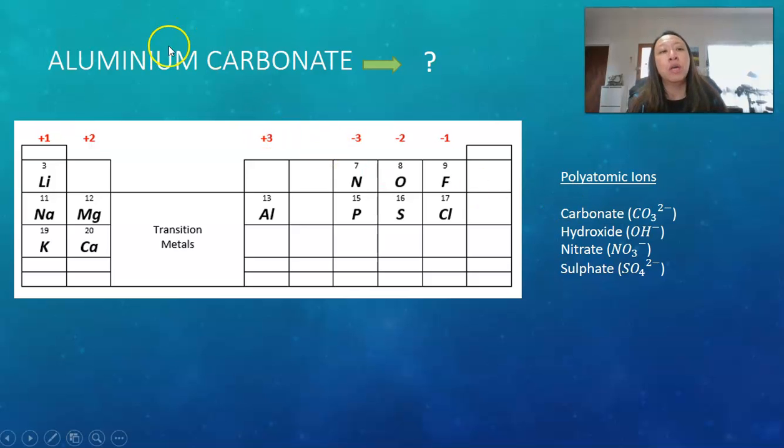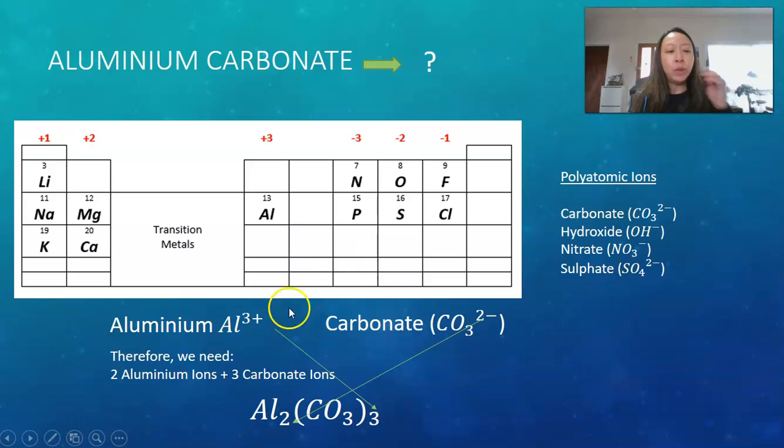If we look at aluminium, we know that aluminium belongs to the column with the +3, and that means that aluminium has a 3 positive charge. Carbonate, as discussed before, has a 2 negative charge. So we need 2 aluminium ions and 3 carbonate ions, if that makes sense.